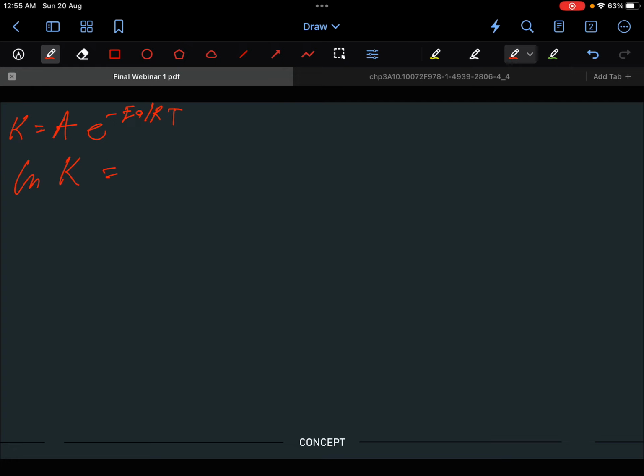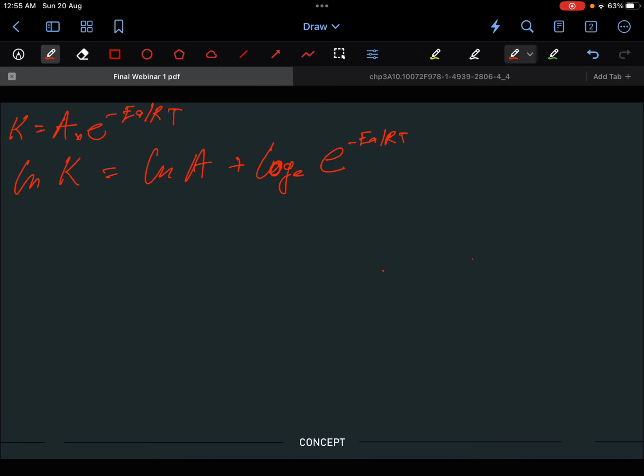Ln K is equal to ln A, and when it is A into something, the into will be converted to plus. Now ln is nothing but log of base e, and there is e to the power minus Ea by RT.